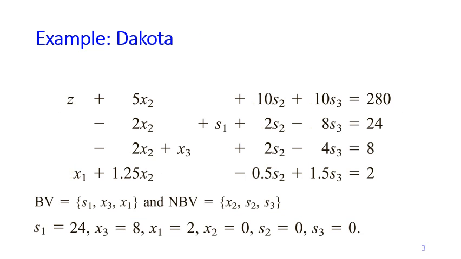So here's an example of the optimal table for the Dakota problem. We have S1, X3, and X1 as the basic variables.